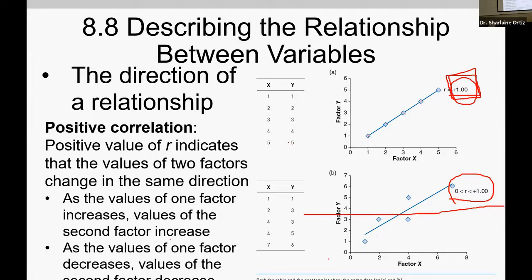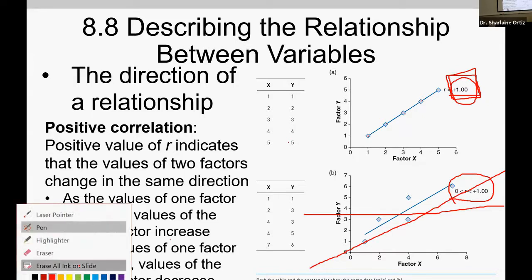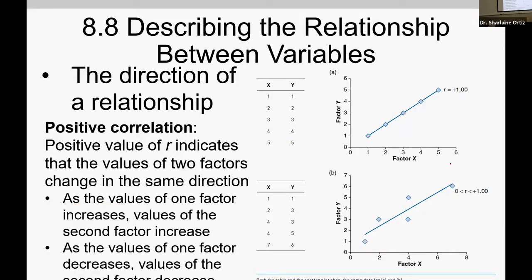Instead of being an upward or downward looking line, it would be basically completely horizontal. So it's definitely not 0. There is a relationship, but notice that it's not perfect. How do I know it's not perfect? Well, because the data sets are generally behaving towards that regression line, but they're not on the regression line, right?